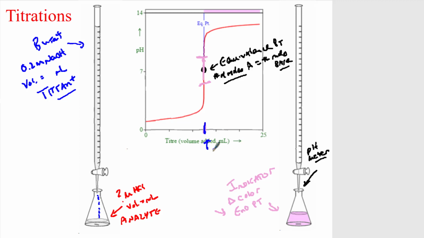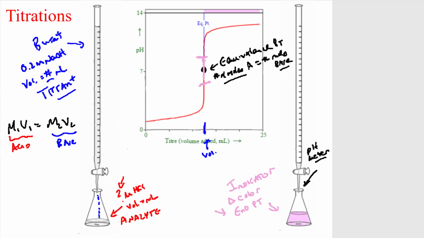And so if we know the volume of the base, this number of milliliters that we added to get to my equivalence point or my end point, which should be in the same range, I can use the equation M1V1 equals M2V2. I just have to make sure on one side I put my acid and on the other side I put my base, and I have to be very, very particular about that. And you can figure out using the calculation how much molarity of my acid we have, okay?